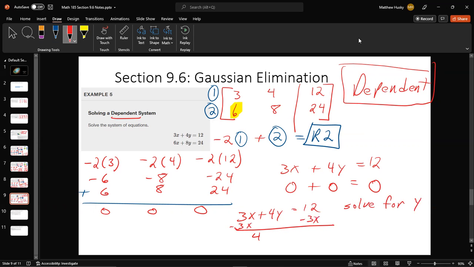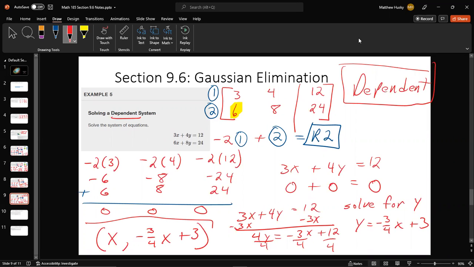That gives you 4y equals negative 3x plus 12. Divide everything by 4. And you will get this, y equals negative 3/4 x plus 3. So then your solution would be x, comma, negative 3/4 x plus 3.